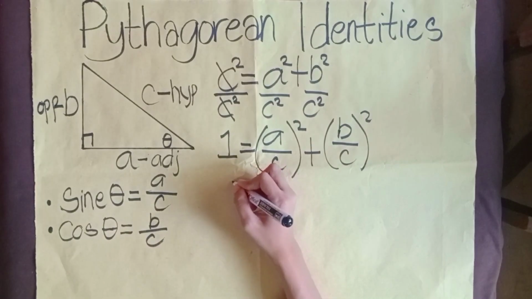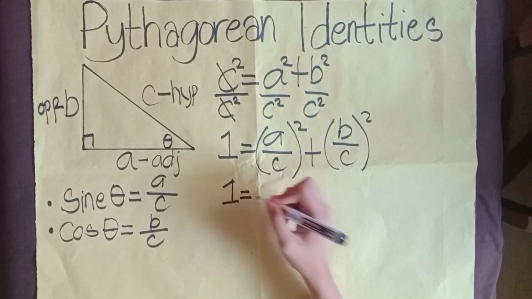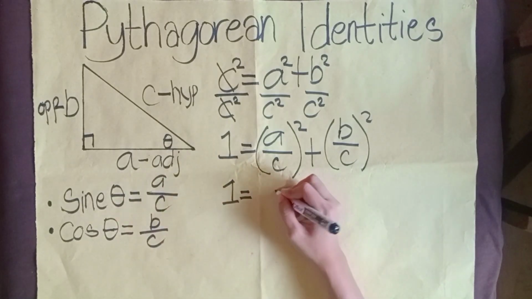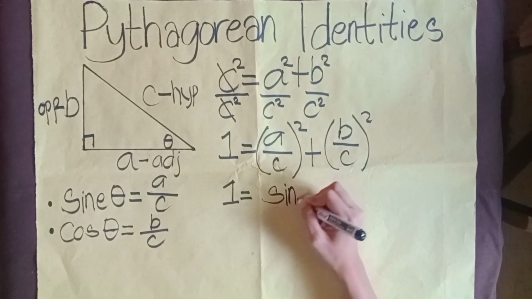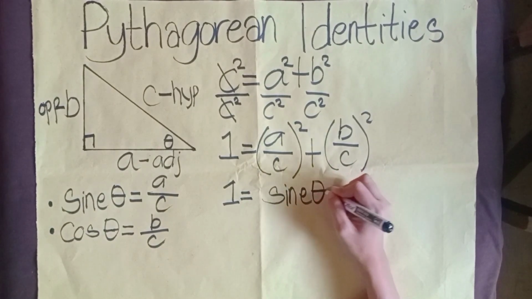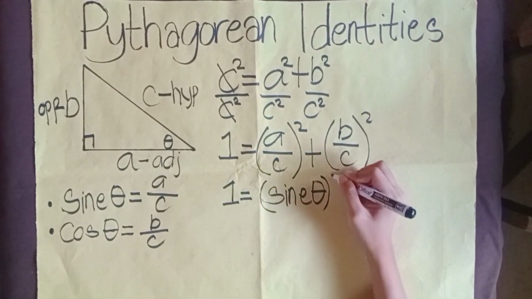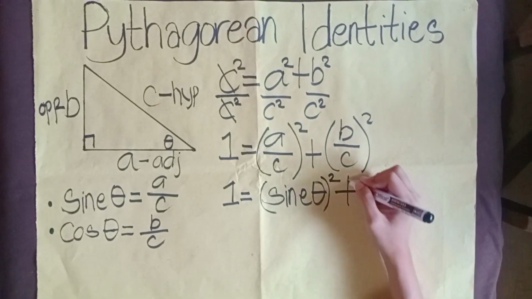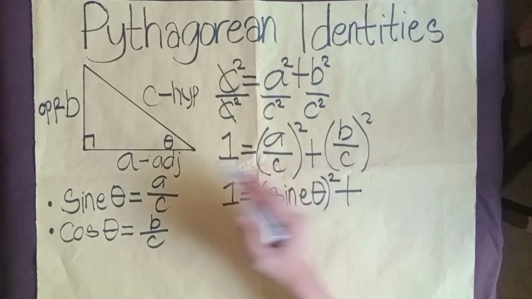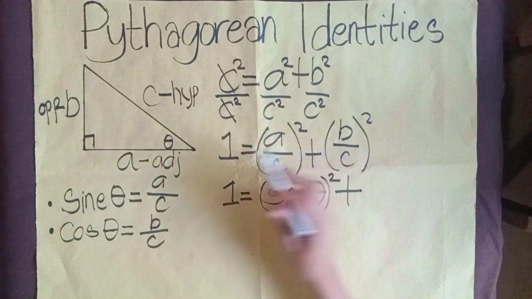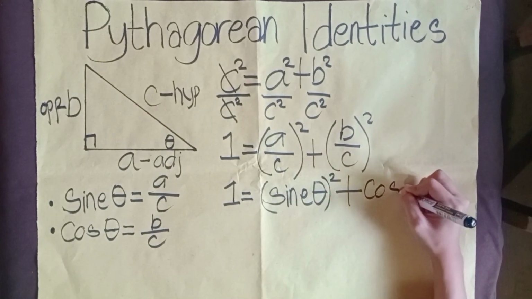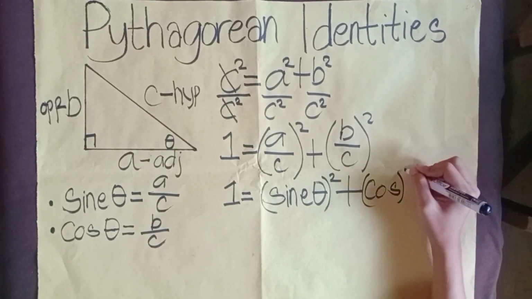So we're going to substitute: this one is equal to A over C, that is sine theta, squared, plus B over C, that is cosine. So B is opposite and C is hypotenuse. So cosine theta squared.